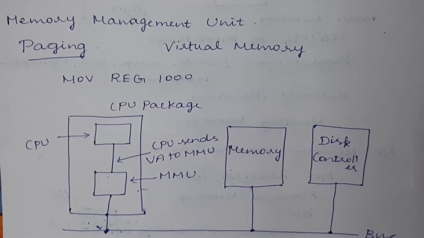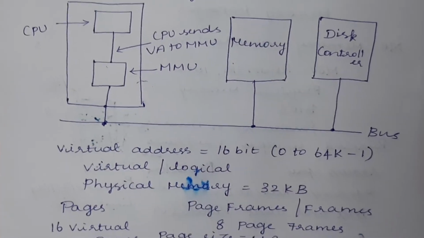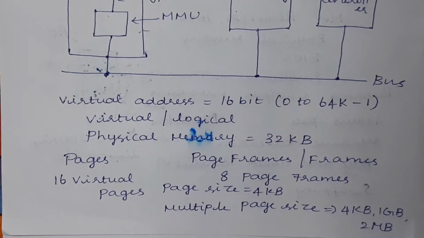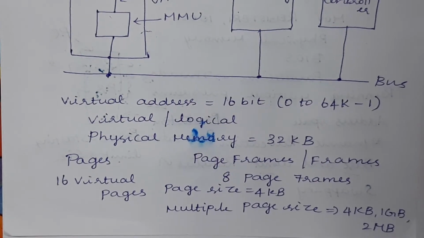In paging, the virtual address space is divided into a lot of pages, which means whatever process you get from the user will be divided into several partitions, and each partition we call a page. In the main memory also we divide into several partitions.